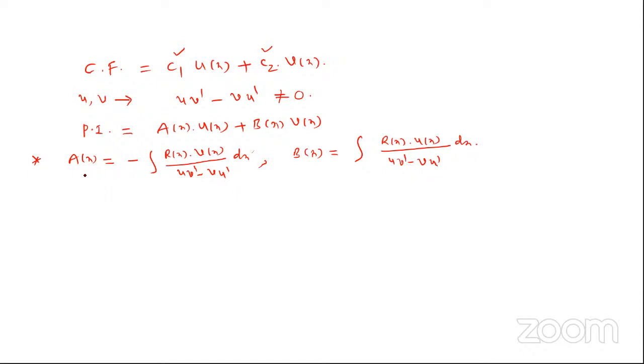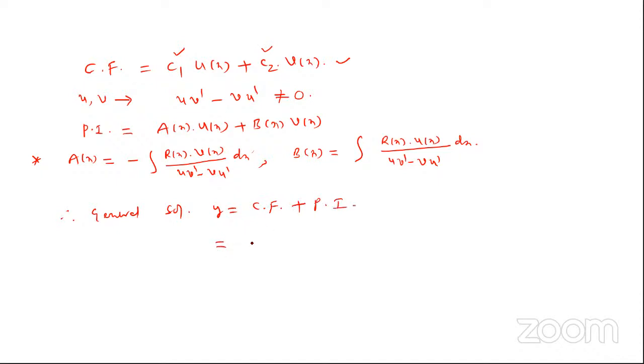Upon knowing a of x and b of x, put them in the particular integral, so we know the corresponding particular integral. And the complementary function is known, so now we are able to write the general solution. What is the general solution? That is the sum of the complementary function and the particular integral.